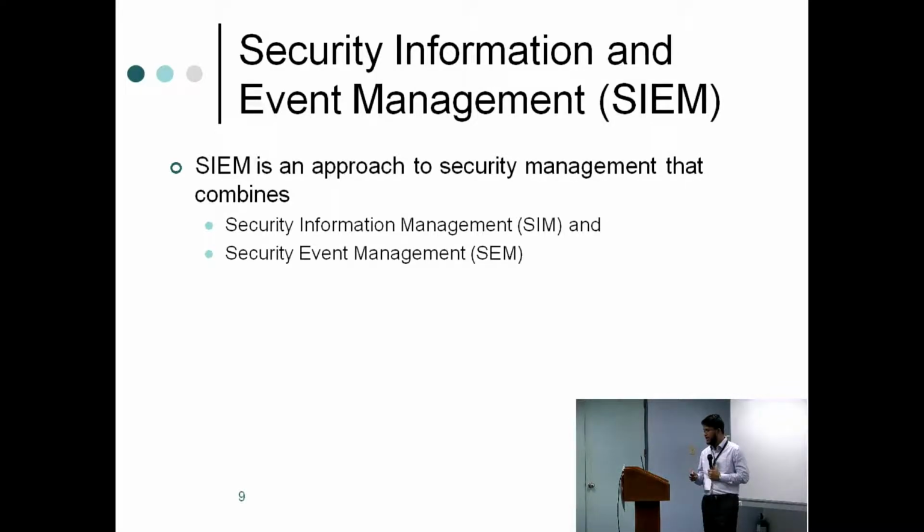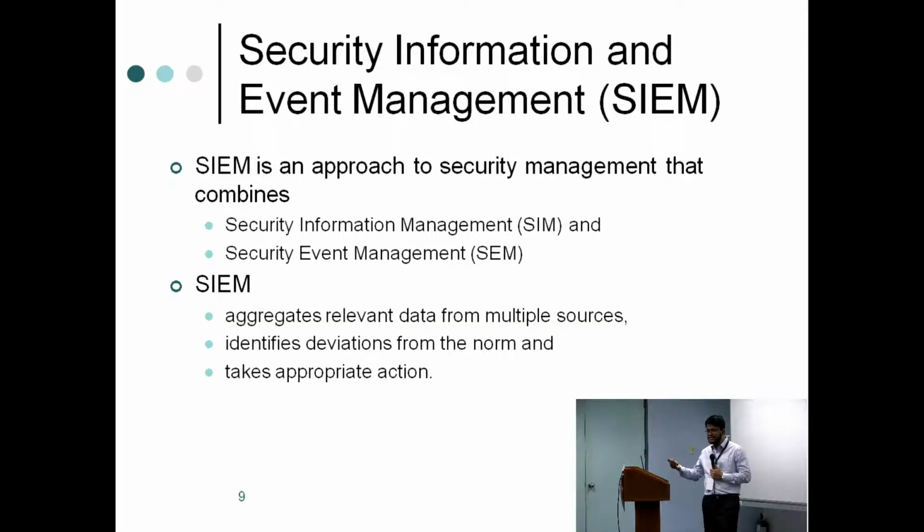What SIEM does is aggregate the relevant data from different sources. You have hundreds of servers, and it will aggregate all of that together and identify deviations from the normal. Again, this is like anomaly-based. For example, your web server is supposed to serve, say, 1,000 users per hour.